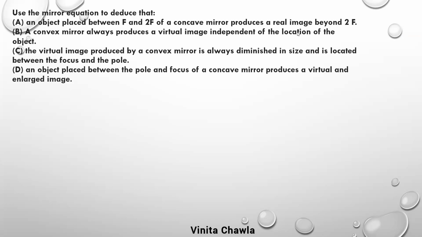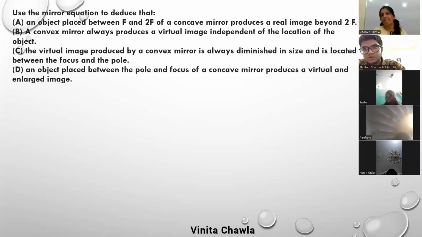C, the virtual image produced by a convex mirror is always diminished in size and is located between the focus and the pole. And D part, an object placed between pole and focus of a concave mirror produces a virtual and enlarged image. So we have 4 parts in the same question.